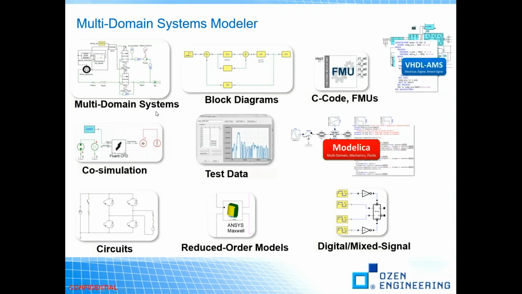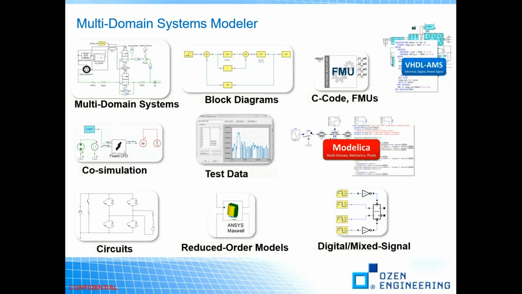Speaking of multi-domains, one of the capabilities is the multi-domain systems modeler. As you can see on this slide, there are a lot of different languages and domains. From the top, we have multi-domain systems, a sophisticated system that has circuits and components.